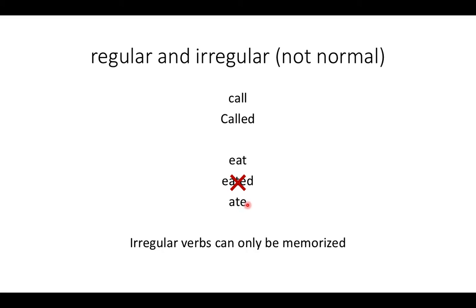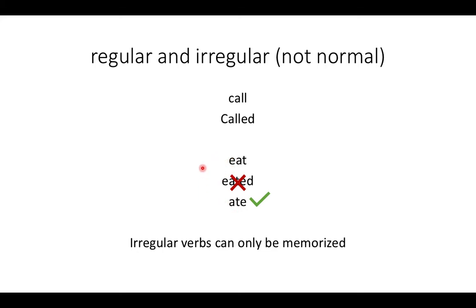So what you have to do is you change the word to a new verb, a new action word that means the same thing. So eat and ate, they mean the same thing. Eat and ate.